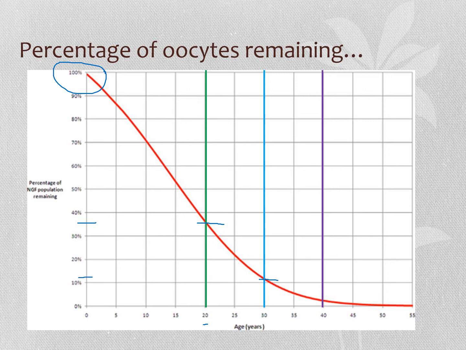You're down to just slightly more than 10% of what you started with. And age 40, right? You're down to just a couple percent of the total oocytes that you had. Now, of course, it only ever takes one to get pregnant, but it's got to be a good one. And if you have fewer to choose from, the likelihood it's going to be a really good one is lower.